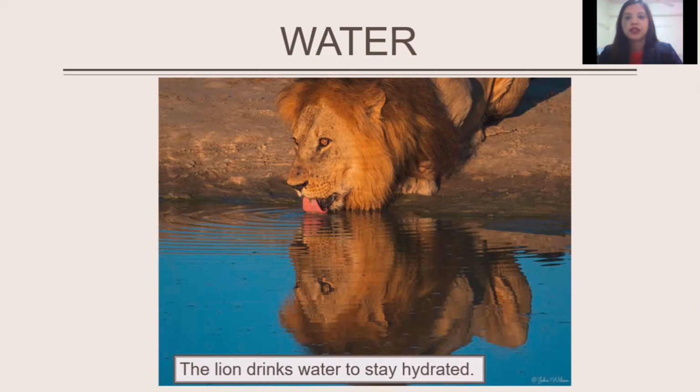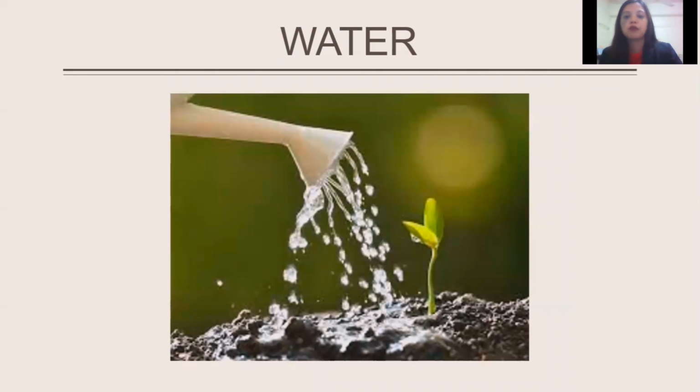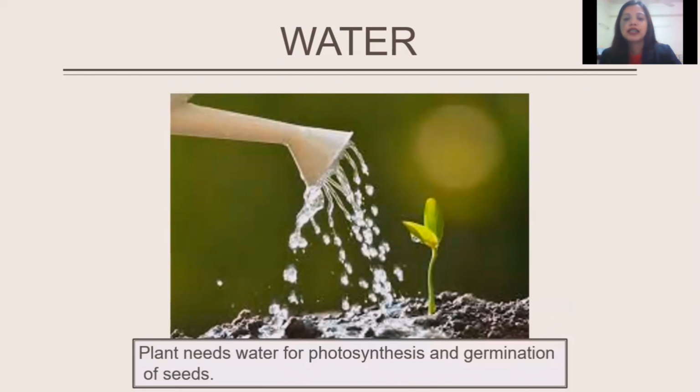Here's another example of the importance of water to living things. As you can see, these plants also need water. What do you think is the interaction between the water and the plants? Okay, plants need water for photosynthesis and germination of seeds.